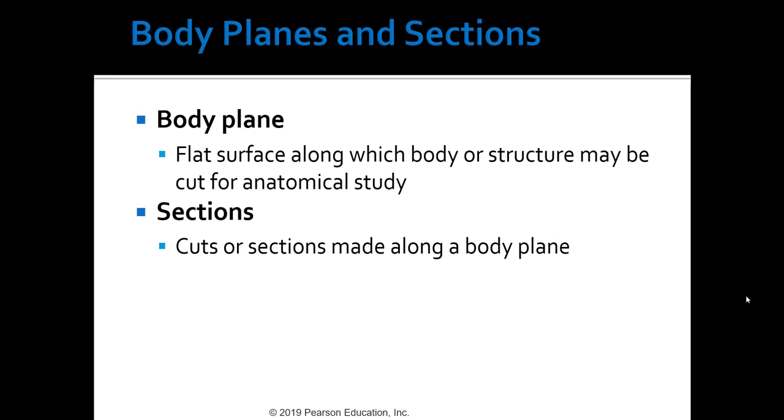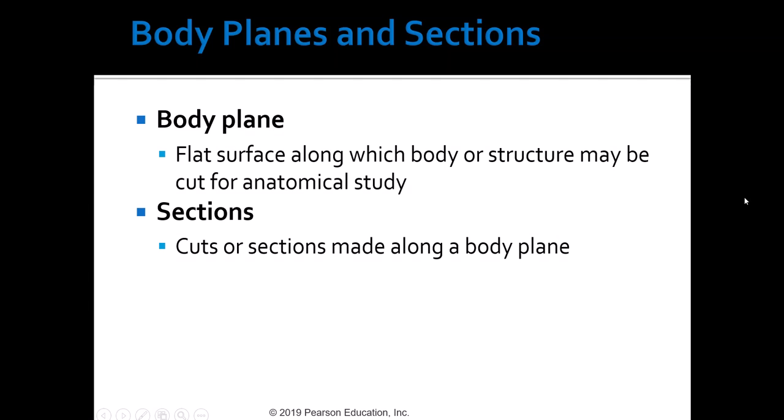The types of sections that we typically have are cross sections, longitudinal sections, or oblique sections. Depending on which body plane we cut, that will result in the longitudinal, cross, or oblique section.